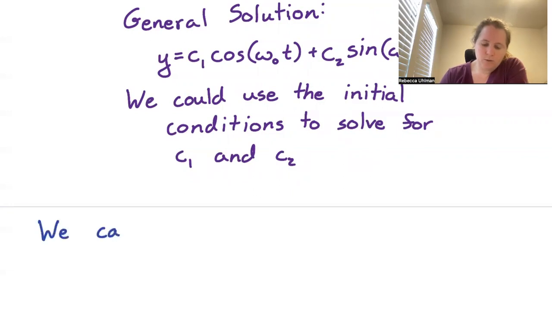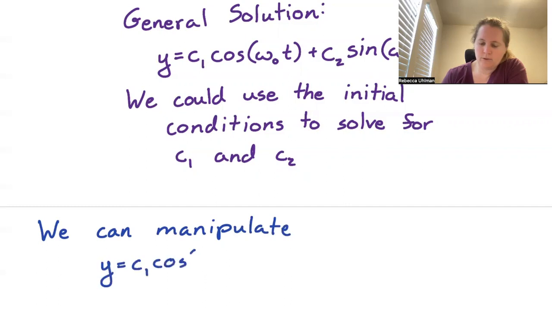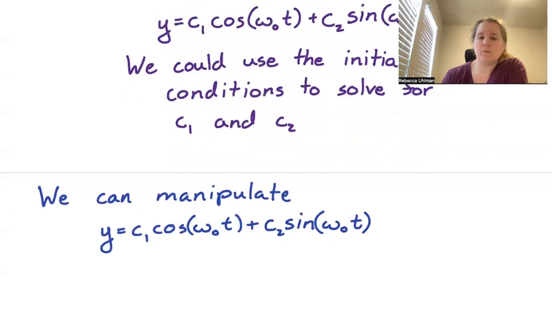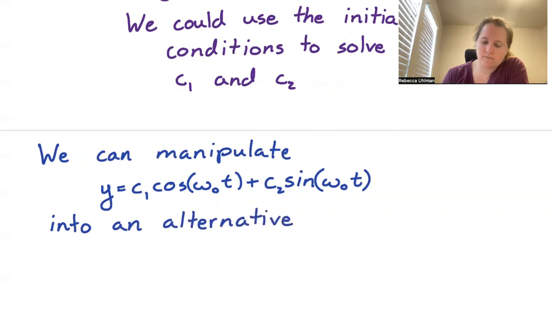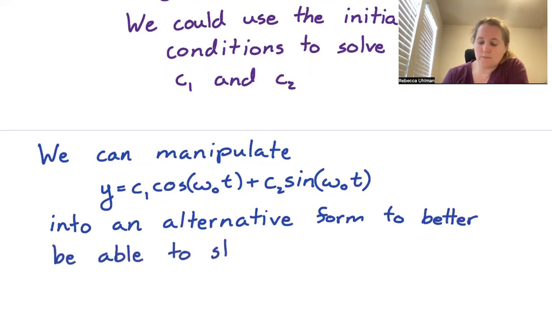So we can manipulate y equals C1 cosine omega naught t plus C2 sine omega naught t into an alternative form where it is easier to see what's going on with the motion, to better be able to study the motion.